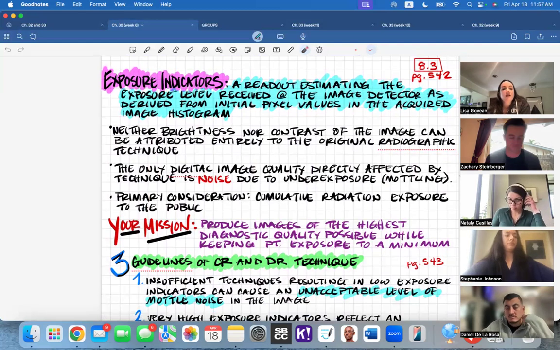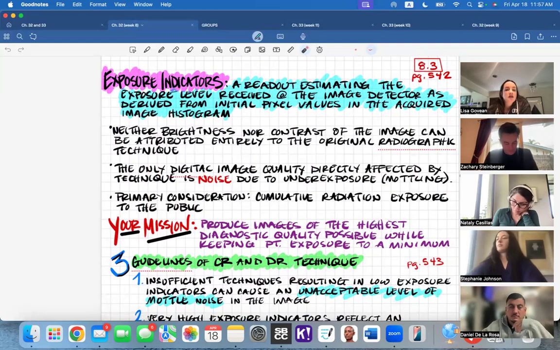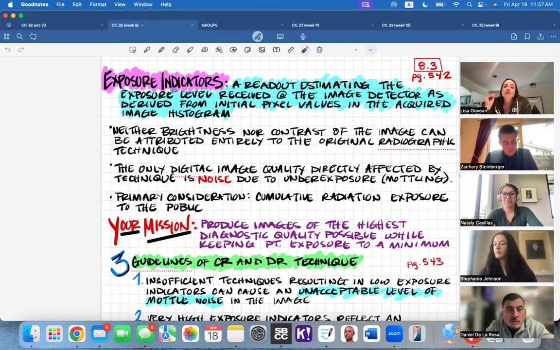So exposure indicators, I had some questions. I don't know why it gets so confusing. Exposure indicators looks to me the same as the EI number, and I know they're related. So I always tend to get confused here. It says estimating the exposure level received at the image detector is derived from the initial pixel values.